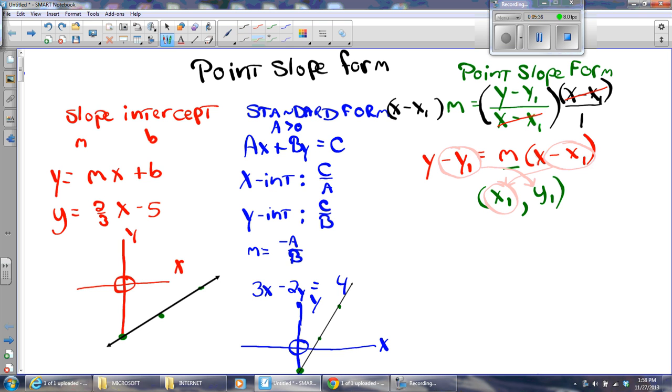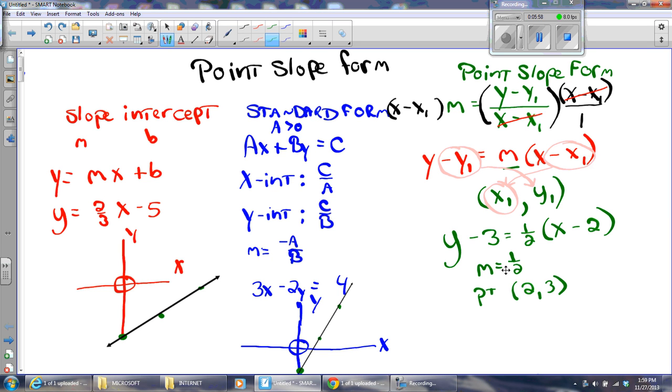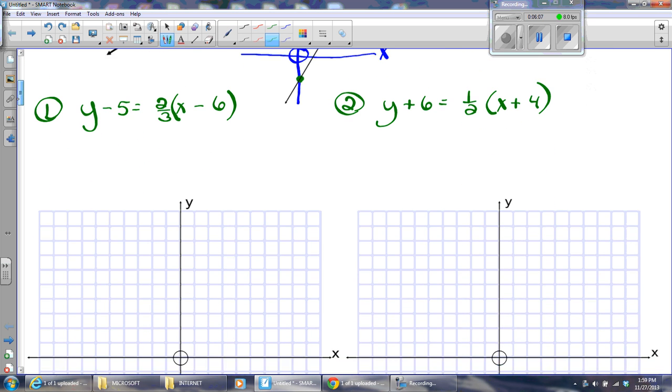So when I'm in point-slope form, I will have an equation that might look like this. y minus 3 equals 1/2 times x minus 2. Well, I know my slope is 1/2, and I know my point is the point (2, 3). Notice the signs change. And then I can graph this point and then rise and run from that point to get other points on the line. So let's see how it works.